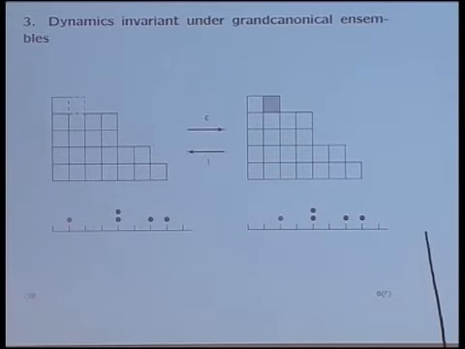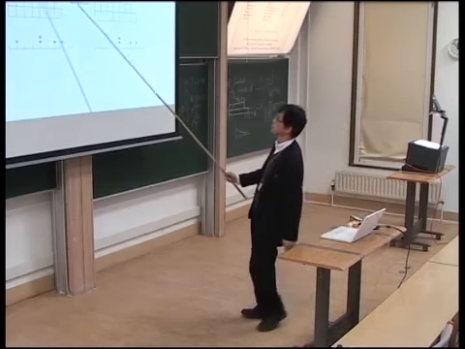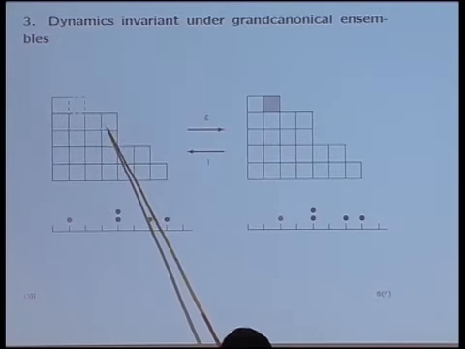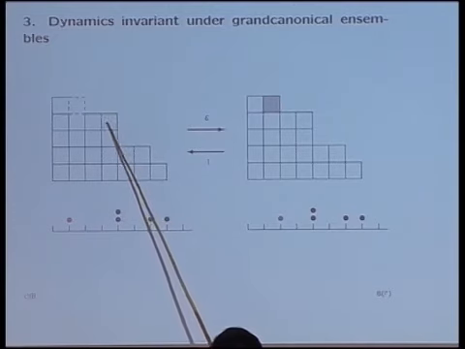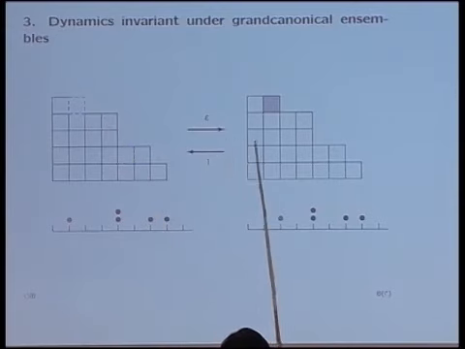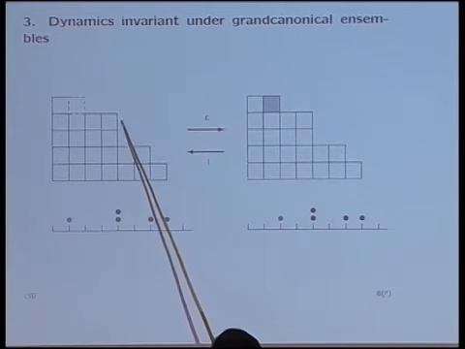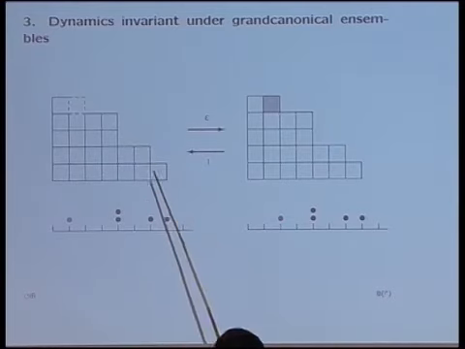Just a simple computation. The dynamics is very simple. So maybe this square may be eliminated. Of course, here you cannot create any squares because the Young diagram should be a decreasing function.